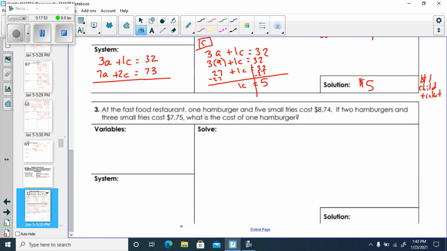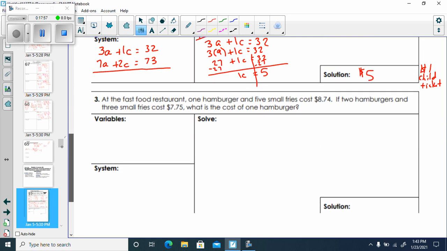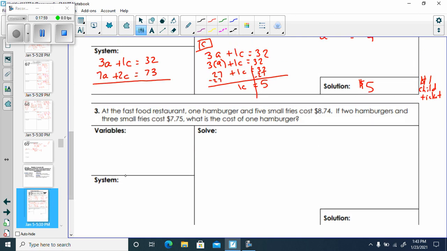Let's look at number 3. And we're going to use our graphic organizer to help us read the problem. At the fast food restaurant, one hamburger and 5 fries cost $8.74. 2 hamburgers and 3 fries cost $7.75.